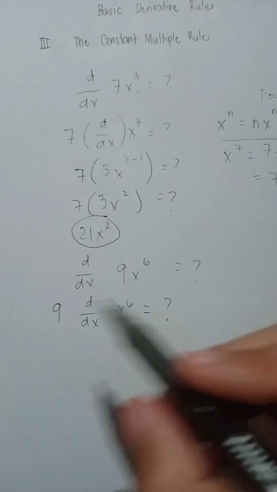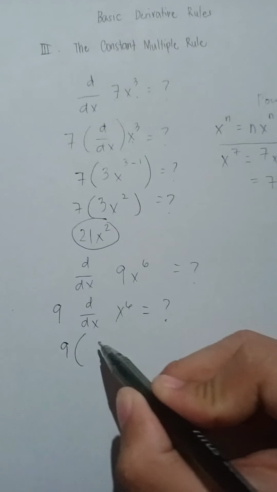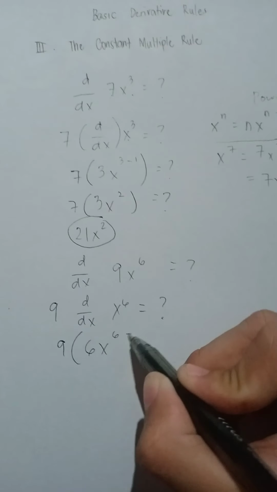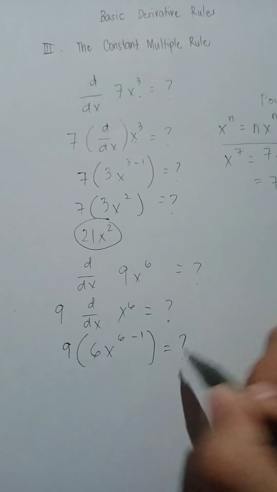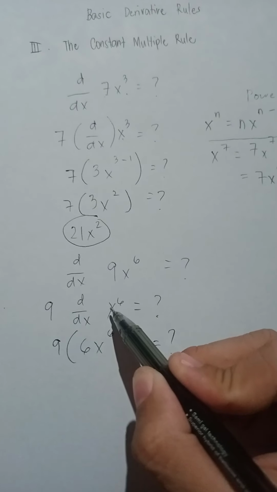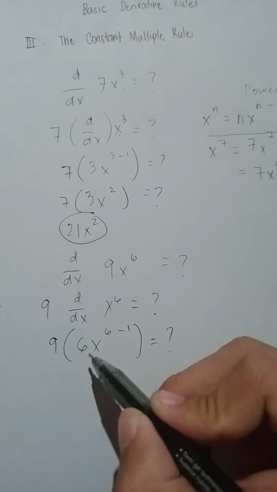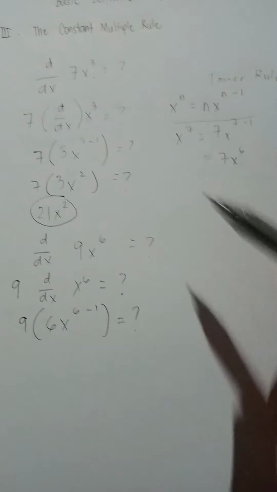So the derivative of x to the power of 6 is equal to 6x to the 6 minus 1 is equal to blank. This x to the power of 6, its derivative became 6x to the 6 minus 1, referring to the power rule, right?